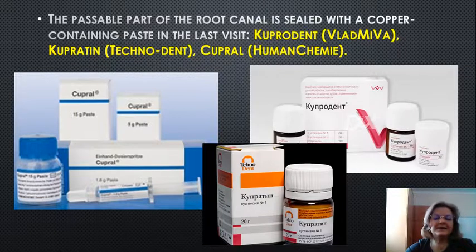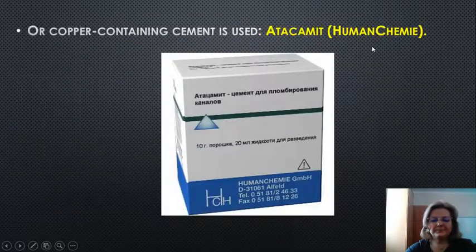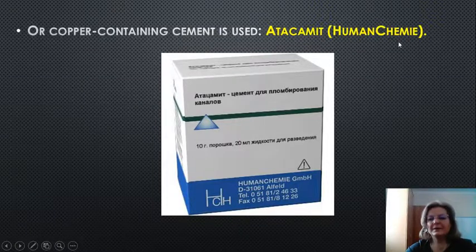Copper-containing pastes today are Cupraden by Vladimir, Cupratin by Technoden, and Cupral by Humanchemie. Or copper-containing cement may be used for sealing the root canal: Atacamid, the name of the cement, by Humanchemie, Germany.